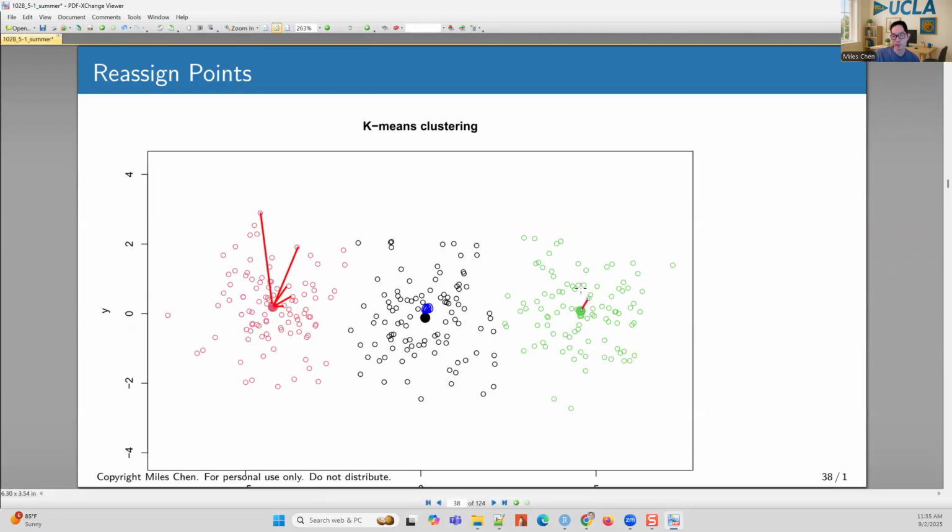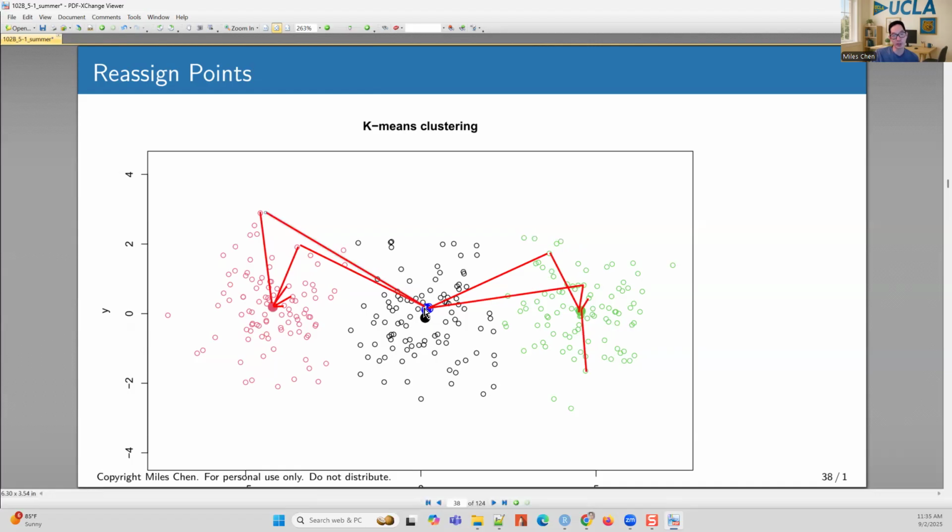So we're looking at all of these points and calculating the distance to its own respective centroid versus the distance to the grand centroid. You can see the distance to the grand centroid is going to be much greater, right? So we're comparing distances from each point to its own centroid versus each point to the center of everything.